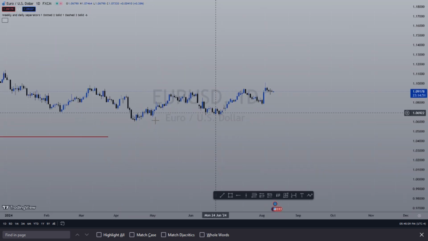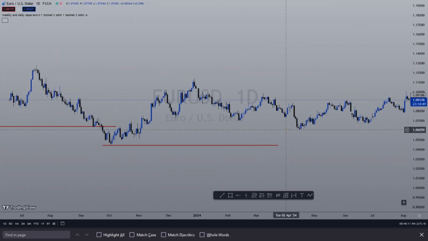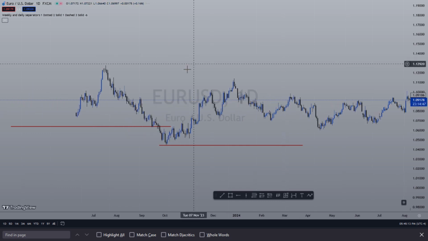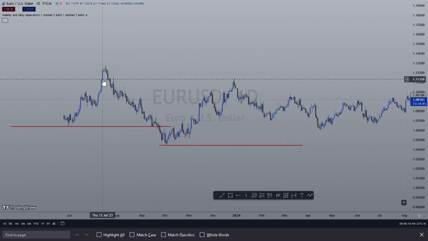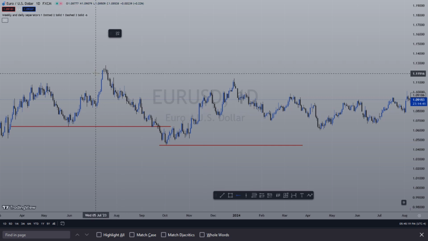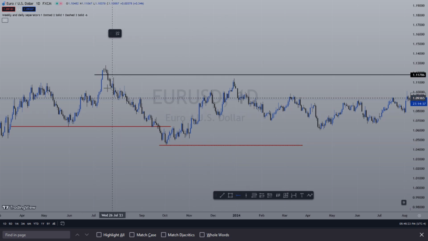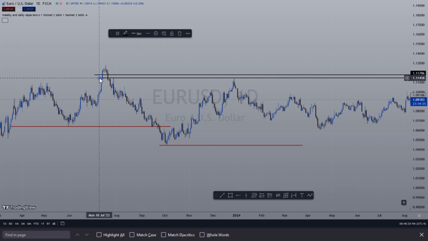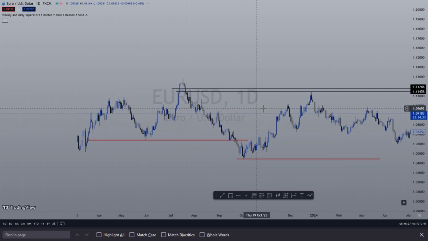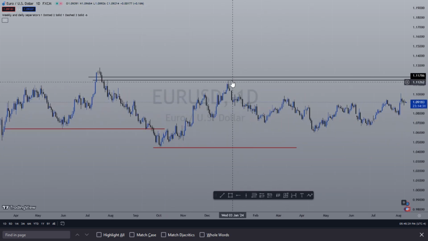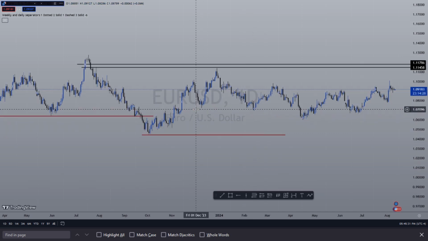We're aiming at that external range liquidity. So this was the movement that brought us back into the internal range liquidity. This was our internal range liquidity right here in the form of a fair value gap. And so right here, the market arrived at the level, and then we had a reversal right here.